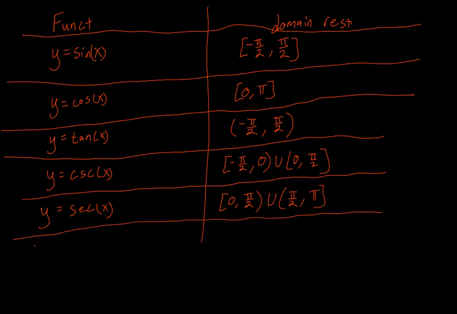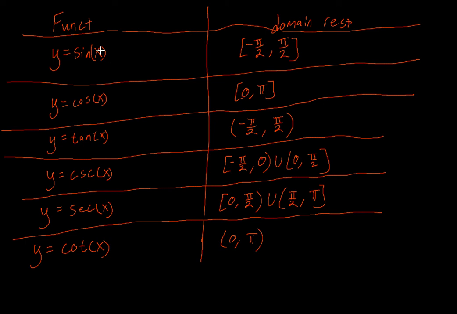Last but certainly not least, this is the real one that trips people up because it's the only reciprocal that doesn't follow the original's restrictions. So here we're going to restrict that domain to go from, it's not included, from 0 to pi.